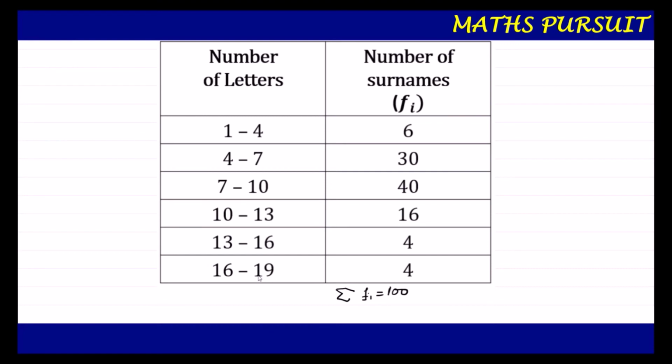It is advisable to check that the sum total matches what is given in the question. In the question they have given 100 surnames they picked up, so this is matching. Though the sum total of frequency is not required for the mode calculation, I am still asking you to total the frequencies so that we can check our numbers.